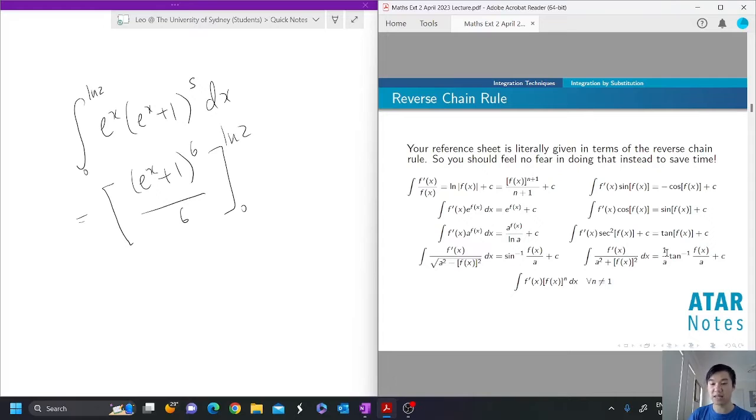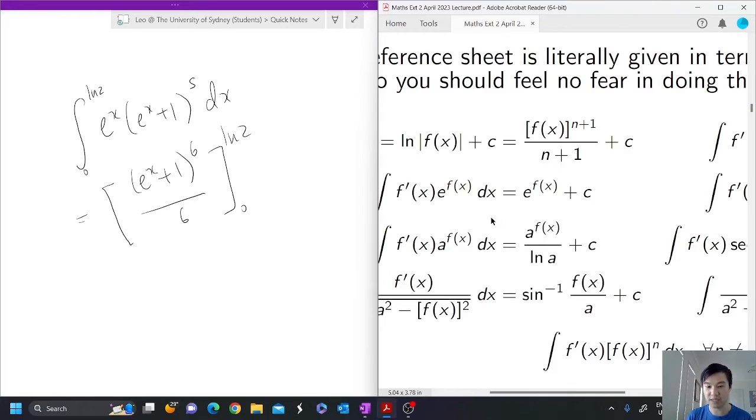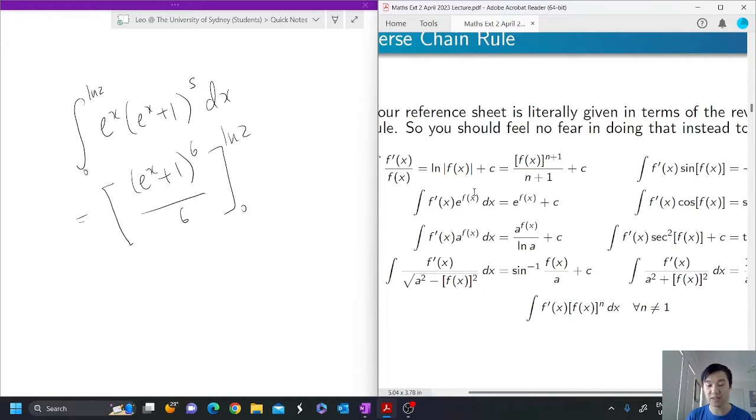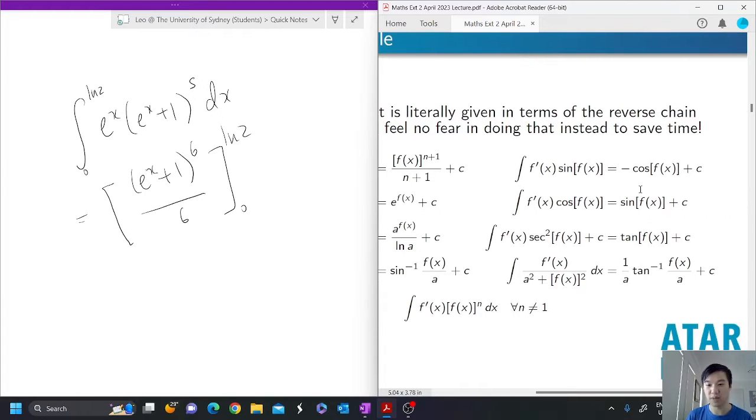And you are allowed to use the reverse chain rule directly because your reference sheet for the new syllabus is literally given in terms of the reverse chain rule. So you can see all of these results are given in terms of the reverse chain rule, where if there's a function inside a function and the derivative of that function is multiplied on the outside, you can just directly integrate the entire thing.